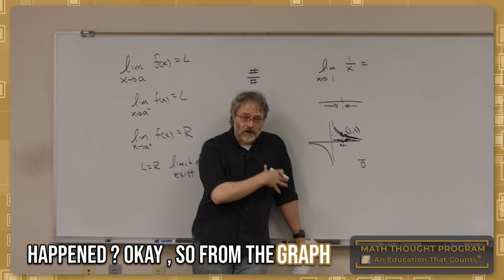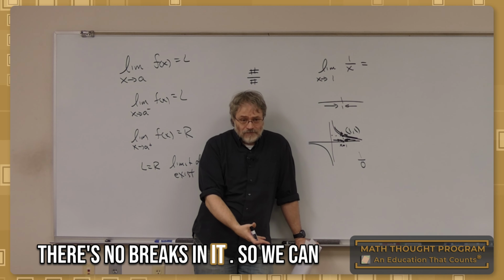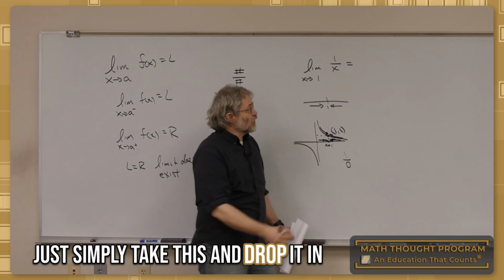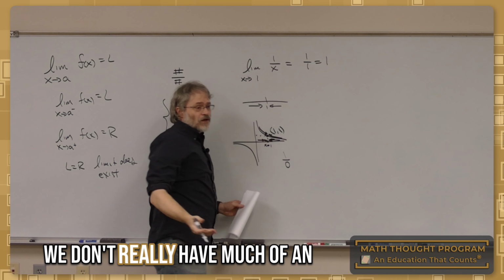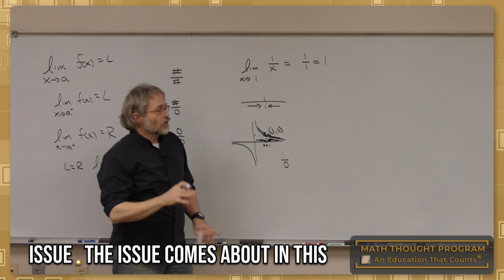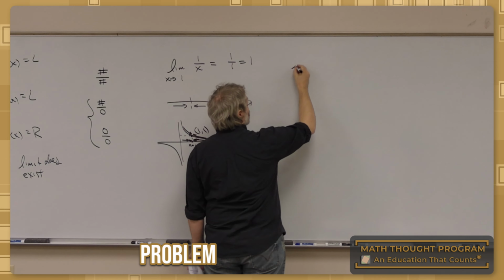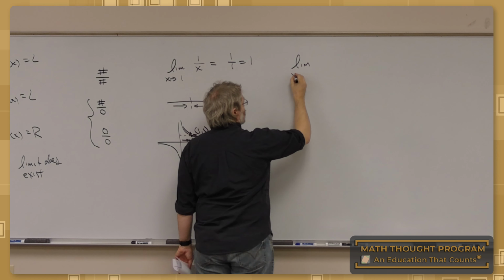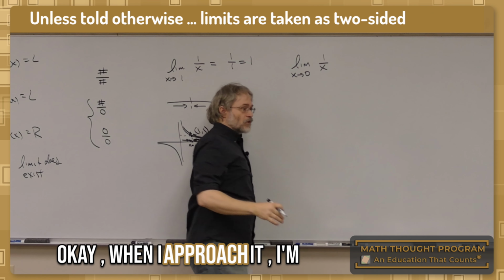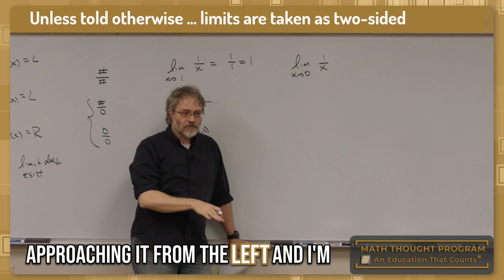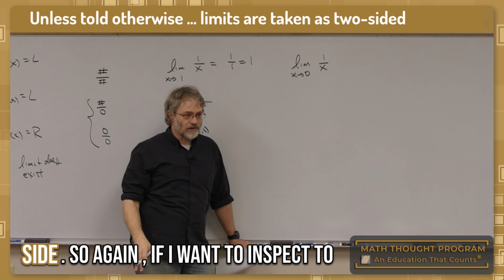Okay, so from the graph, there's no breaks in it. So we can just simply take this, drop it in. We don't really have much of an issue. The issue comes about in this problem whenever I'm approaching 0. When I approach it, I'm approaching it from the left and I'm approaching it from the right-hand side.